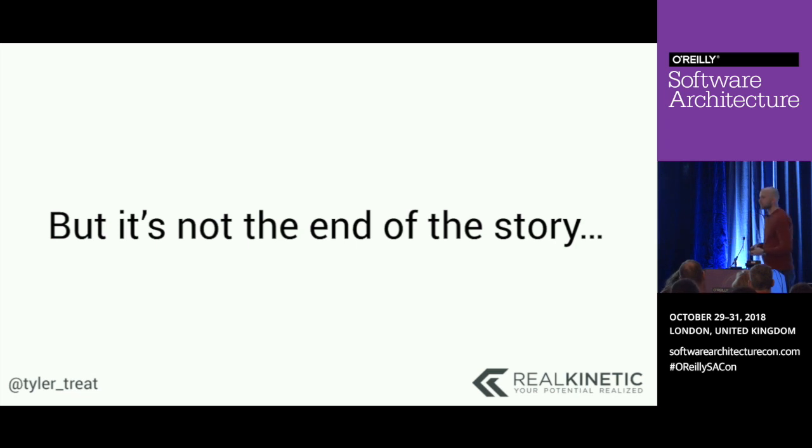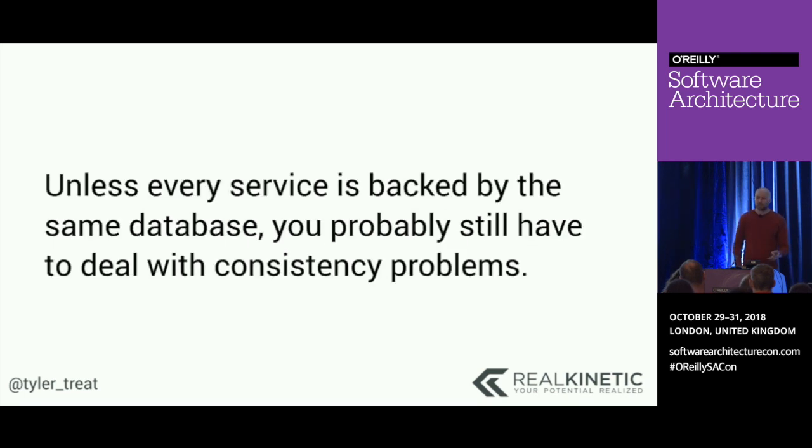I don't think it really allows us to escape this problem of consistency within microservice systems. And the reason is, unless every service is backed by the same database, you probably still have to deal with consistency problems. And this is especially true of systems that span trust or authority boundaries, where not all parts of the system can participate in a distributed transaction.